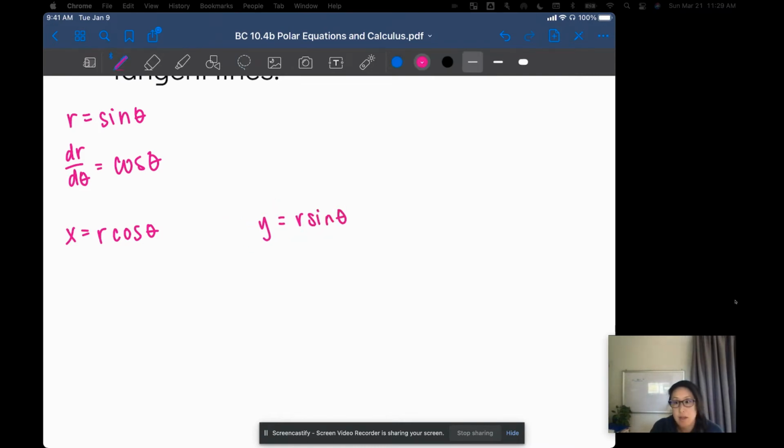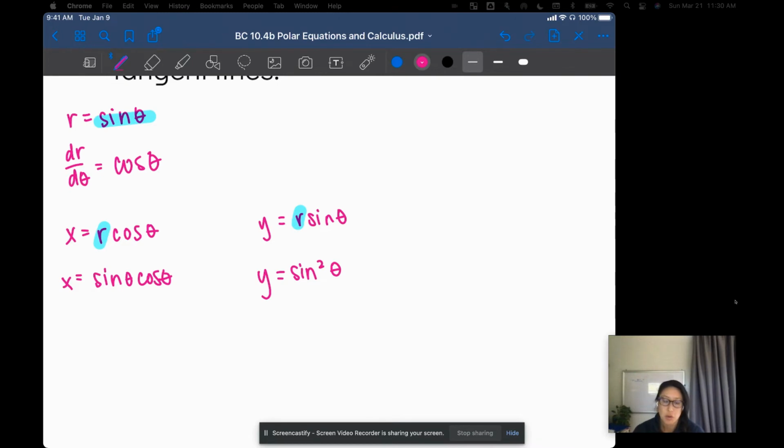If I want to write my equation as a parametric equation, I just need to replace r with sine theta. So I get x equal to sine theta cosine theta, and y equal to sine squared theta.